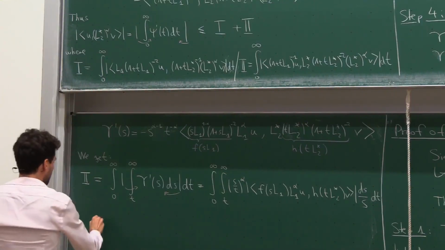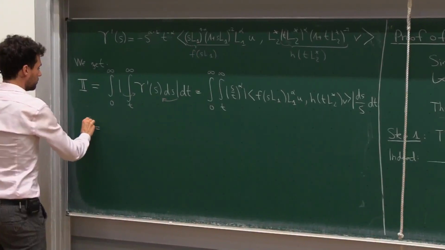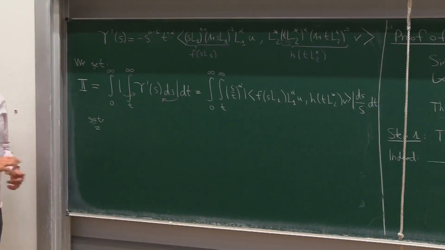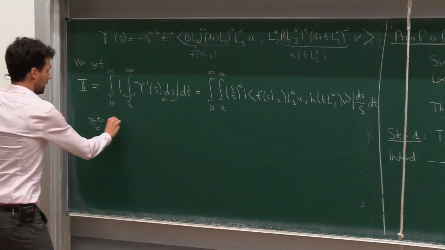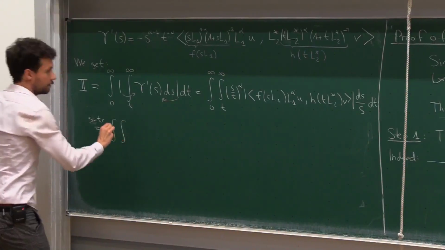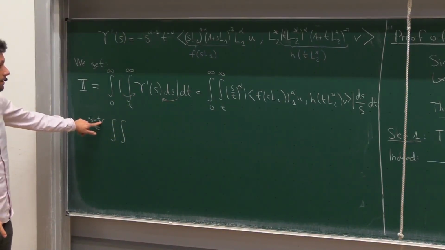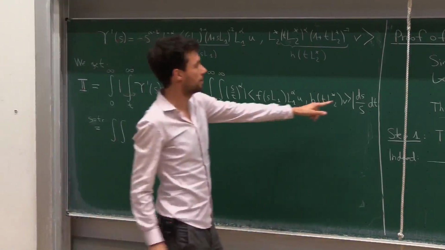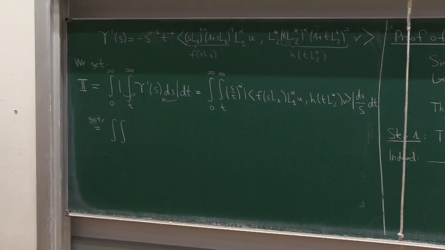Now I do something that Andrew did a lot in the last lecture. I'm going to do substitution. I'm going to write S is equal to TR. So I'm substituting in the S integral, and the variable I'm introducing is going to be R. And then I need to see where my things are going. If S is T times R, and it's a substitution with respect to this Haar measure, then ds over S is the same as dr over R. Doesn't do anything.